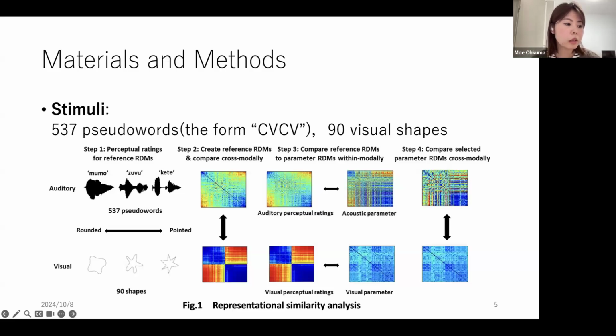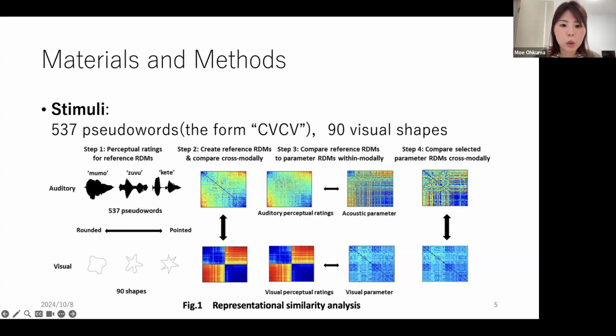Our next topic is materials and methods. They prepared 537 pseudowords and 90 visual shapes. And then RSA has 4 steps. Step 1 is perceptual ratings for reference RDMs.